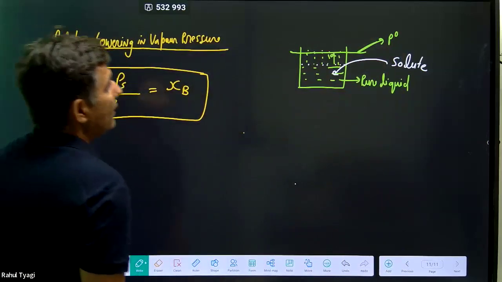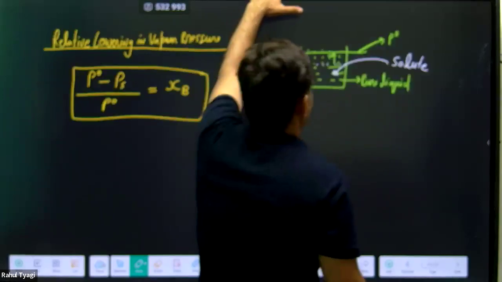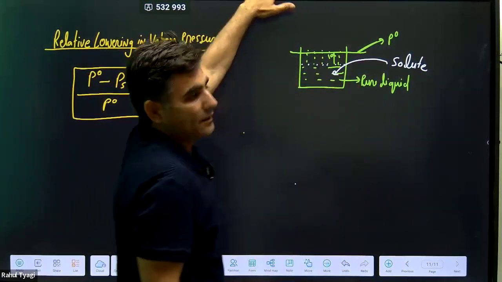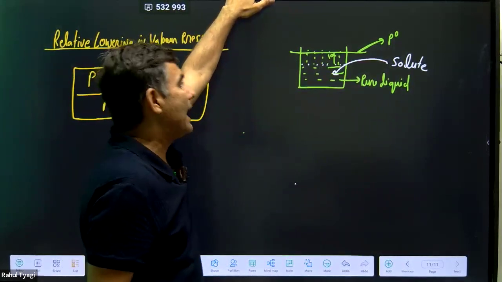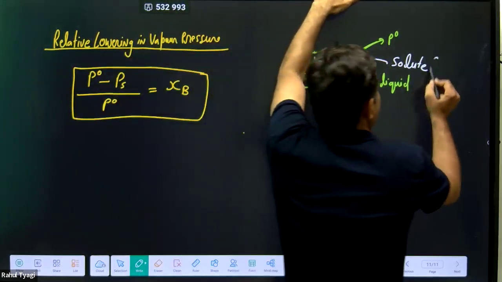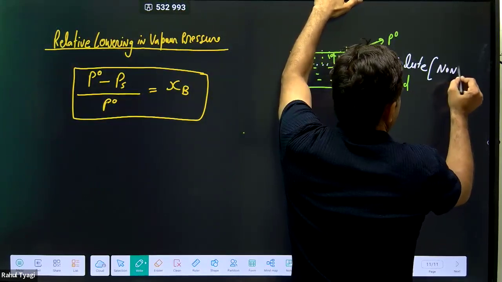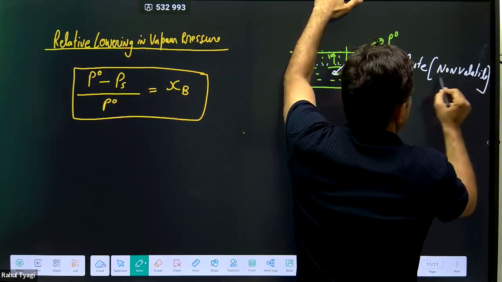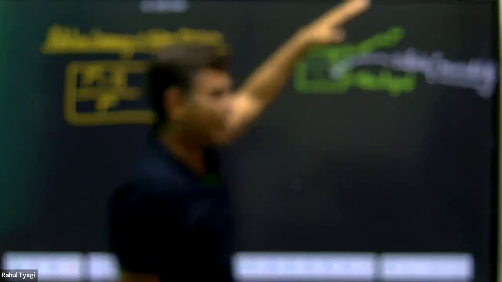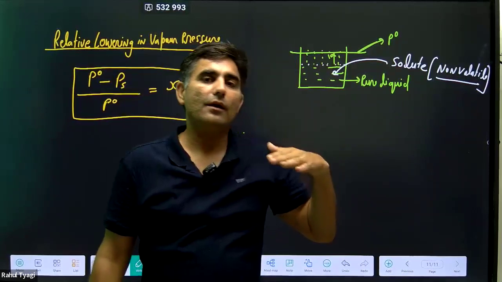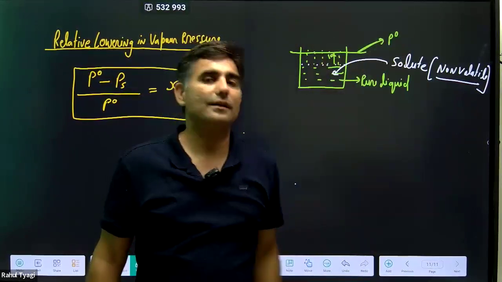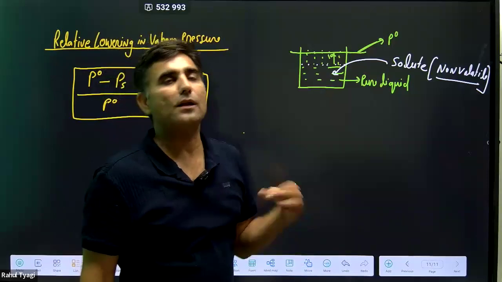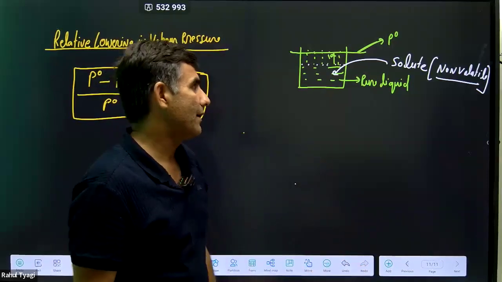Yes. If I put some solute here, then some particles of solute are also there. And the solute, we understand, is non-volatile. Non-volatile means the particles of the solute do not go into the vapor phase. They are not going to vapor.